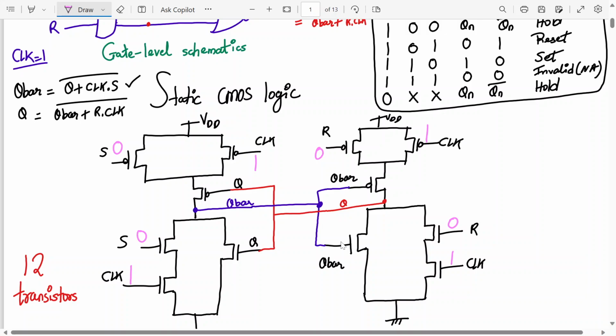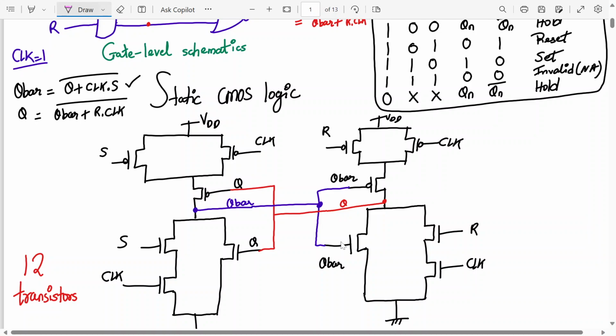Q is 1. If we let Q equal 1, then Q bar will be 0, right? So is the output correct? Check. Q is 1 and is going over here, so it's the previous state only. Yes, Q bar is 0, satisfying this condition. In this way, you can check other conditions also to build this circuit.